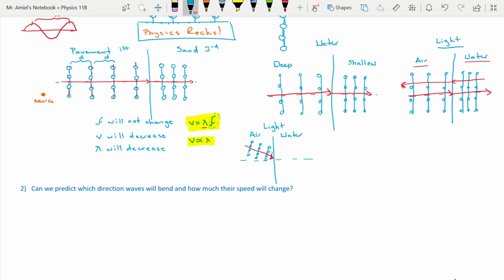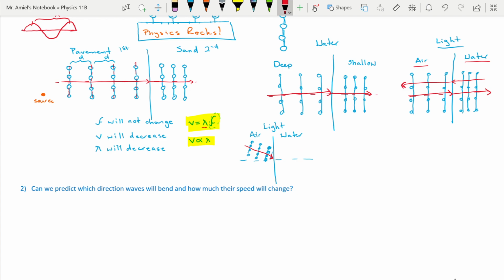Which one of our marchers is going to hit the interface first? It's going to be this guy here, and he is going to slow down. That means that all of these ones that haven't hit the interface yet are going to start to catch up to him. So that means that it's going to bend toward our normal line.